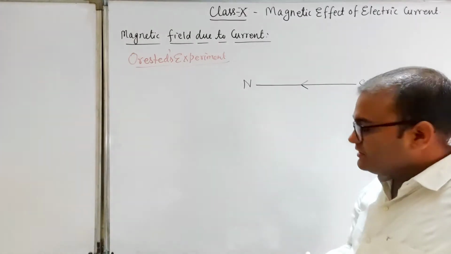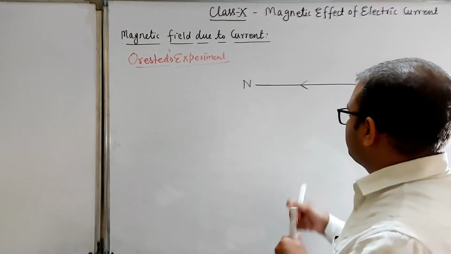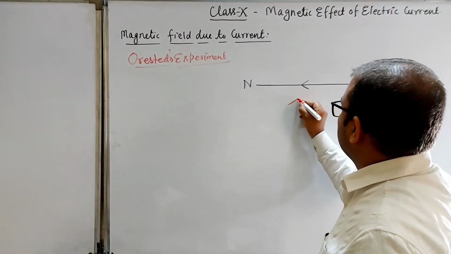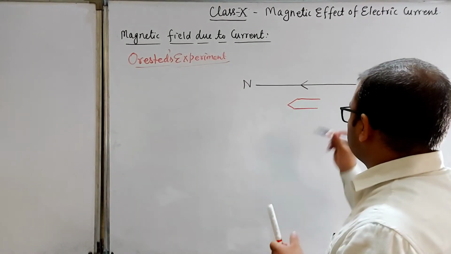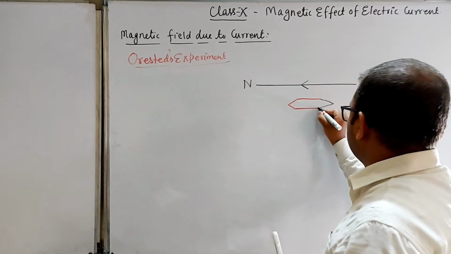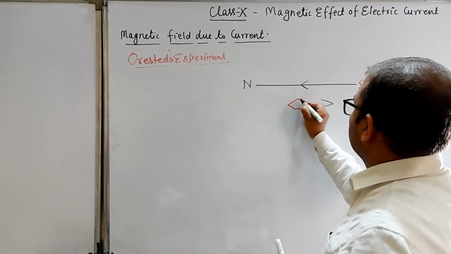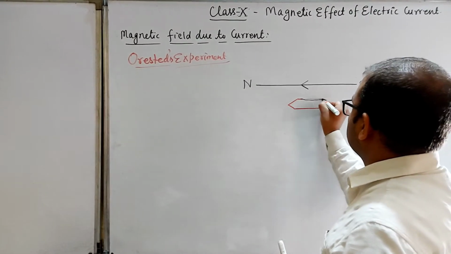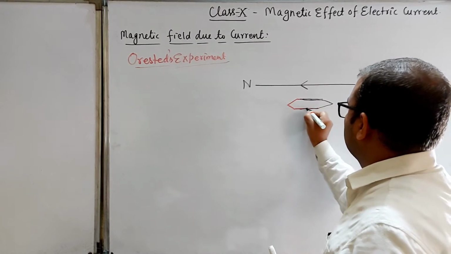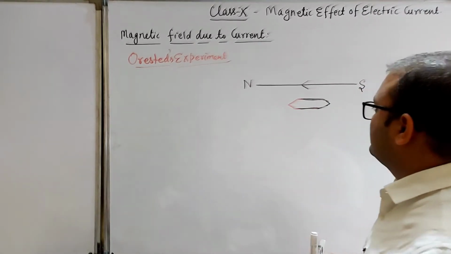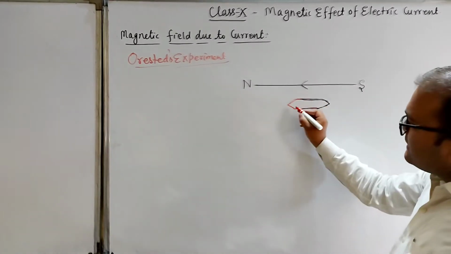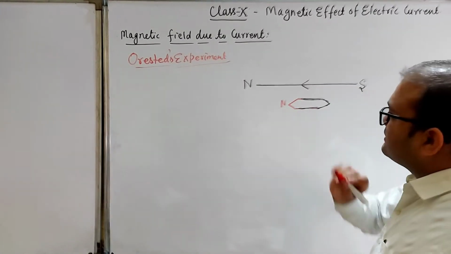And we place a magnetic needle, or compass needle. I am making it like this. This is a compass needle or magnetic needle. Suppose this is the north pole of the compass needle.